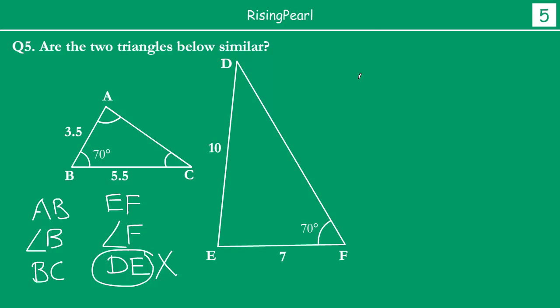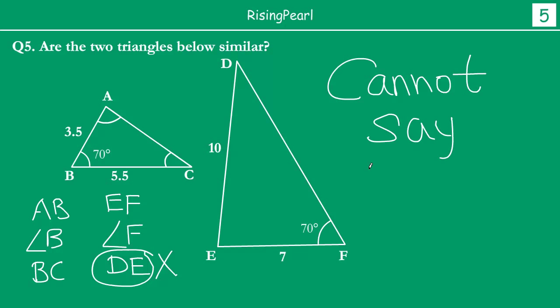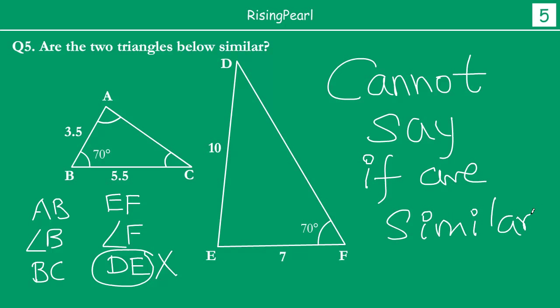So we cannot say in this question if the two triangles are similar. It doesn't look like they are similar, but we can't say because we don't have this measure. So friends, in the next video we are going to take a look at more questions on similar triangles.